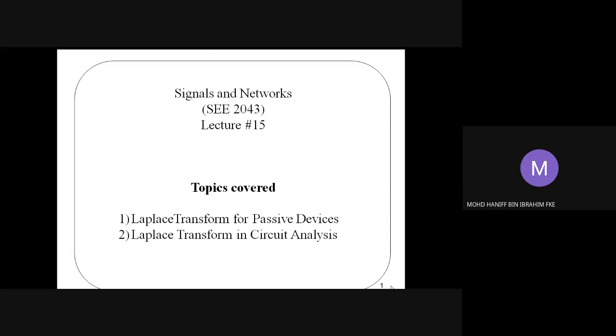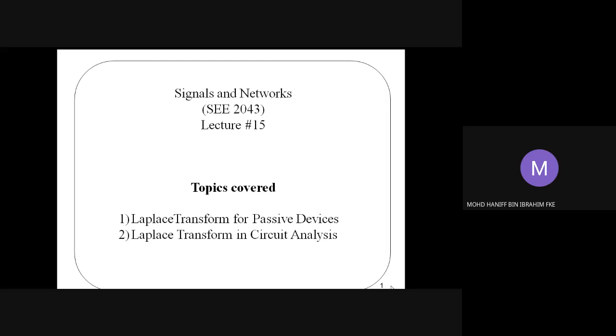If you recall, yesterday I mentioned that Laplace transform is widely used in solving electrical circuit analysis problems involving R, L, and C. When we have R, L, and C in our circuit, they involve equations in time domain with integration and differential terms.